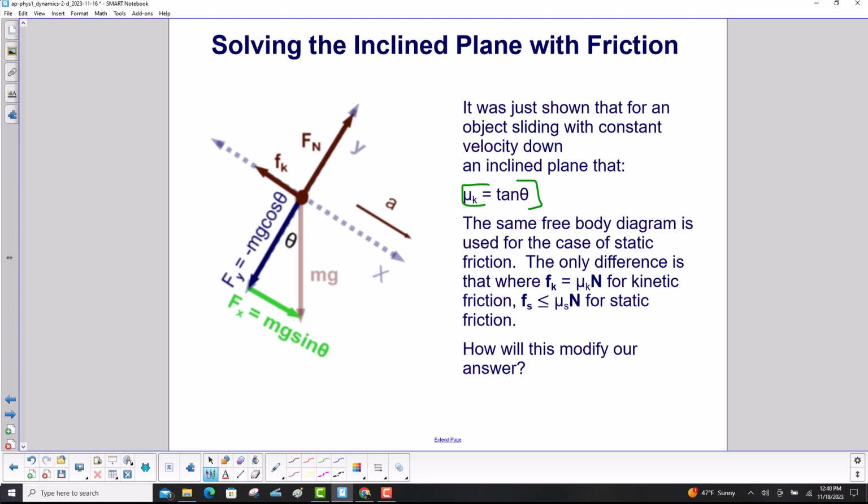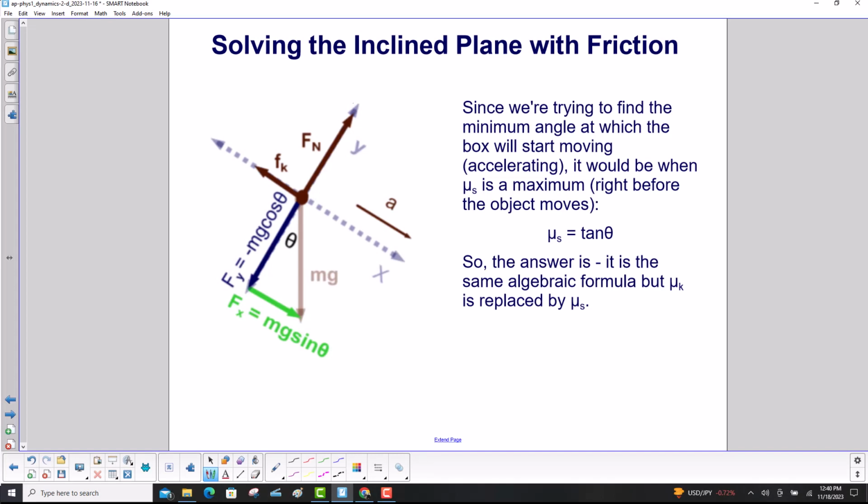How will this modify our answer? Since we're trying to find the minimum angle at which the box will start moving, that is accelerating, it would be when mu sub s is a maximum, right before the object moves. So the answer is, it's the exact same algebraic formula for mu k, but mu k is replaced by mu sub s.